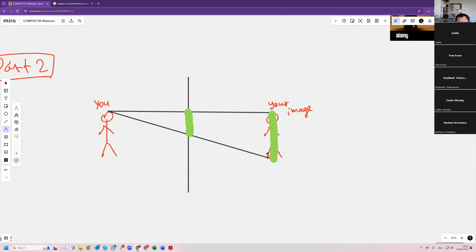So if this is your height, h, this distance is L, and this distance is also L, because we already established that you are the same distance from your image. Then these are similar triangles, right? And you can safely say that this is h over 2. Does that make sense?